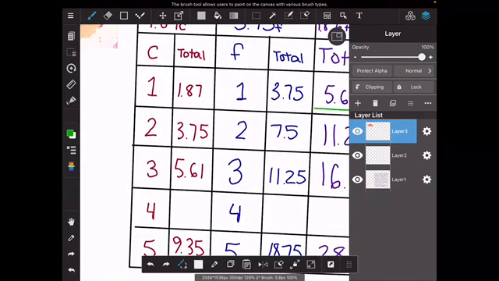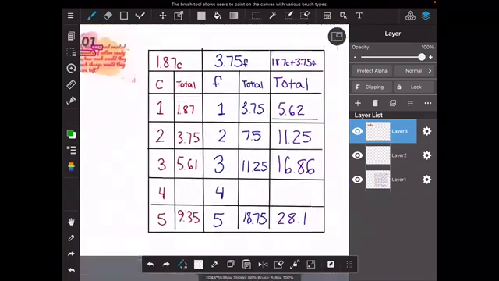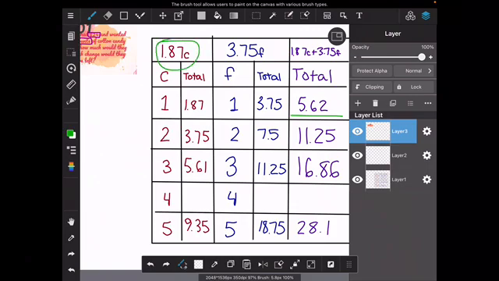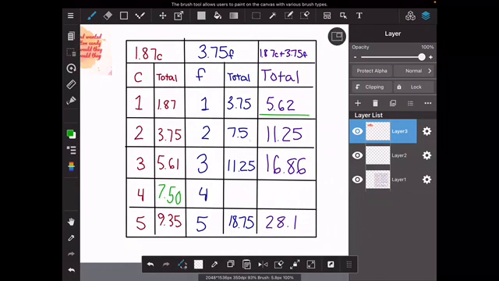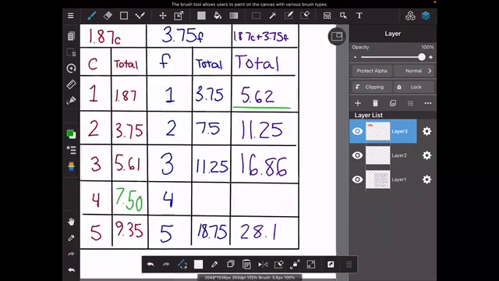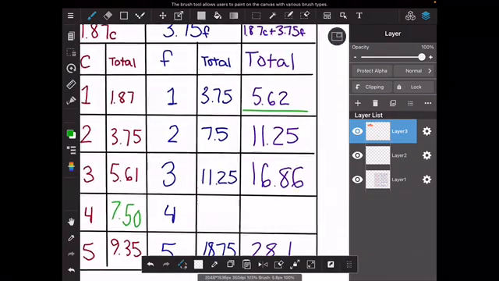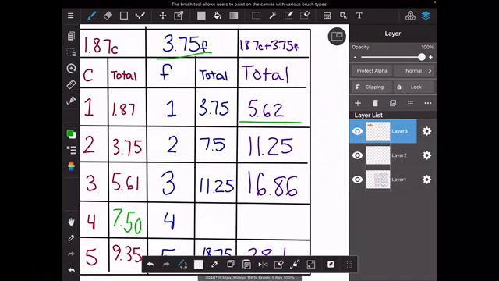So let's solve it. We can do 1.87 times 4, and that equals 7.50. And then we're going to do F, solve for F. So 3.75 times 4 equals $15.